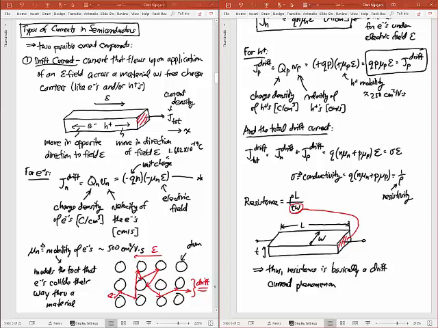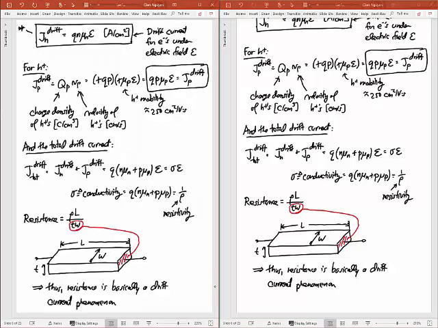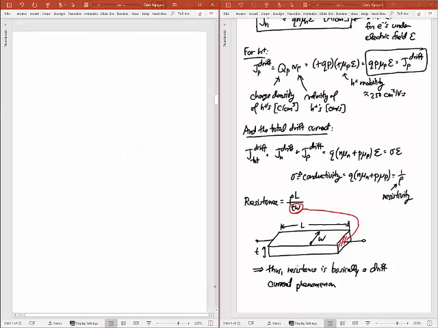Okay? But that's only one type of current that we get in semiconductors. There's another type of current, and this other type of current is a little more difficult for people because it's different from what you're used to talking about. But it's also an equally important type of current, and I would say in semiconductors it might be the more important type of current to understand, and that's diffusion current.